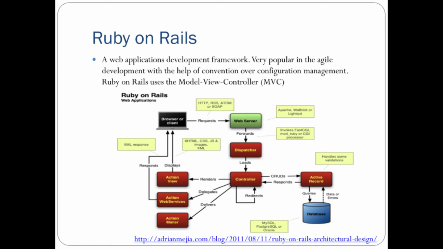The dispatcher goes to the load balancer, and then the load balancer goes to the controller of that web application. The web application you deployed over Ruby on Rails starts working from here. So you write a web application in the Ruby language and you deploy it over the Rails platform. Then this controller does rendering of various action views, meaning the HTML pages.